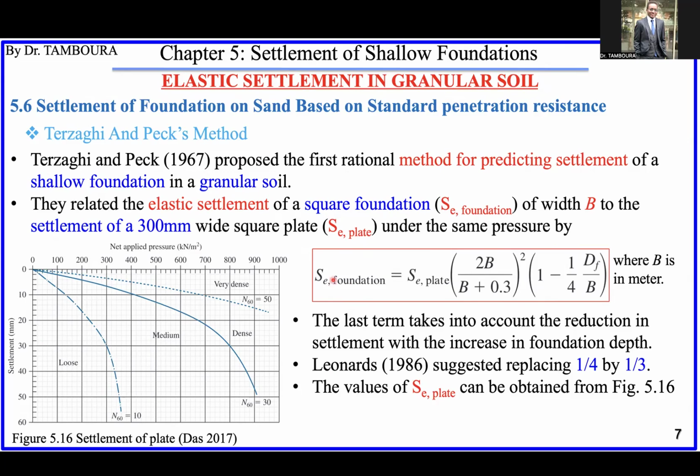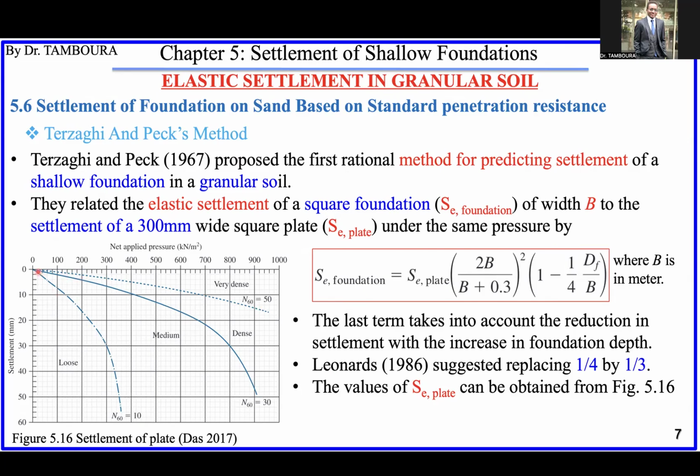The problem you might have is that here the N value, the SPT value, is not continuous. We have 10 here, we have 30 here, we have 50. So what happens if you have, for example, 20?